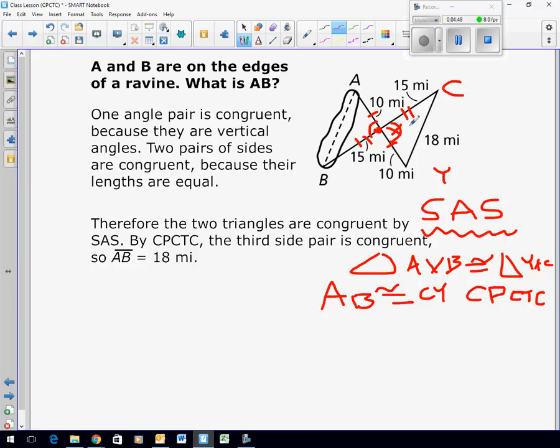CPCTC. So if this is 18, how much is AB? 18. That's why you only get about 25% if you just put 18. You have to have the full explanation.